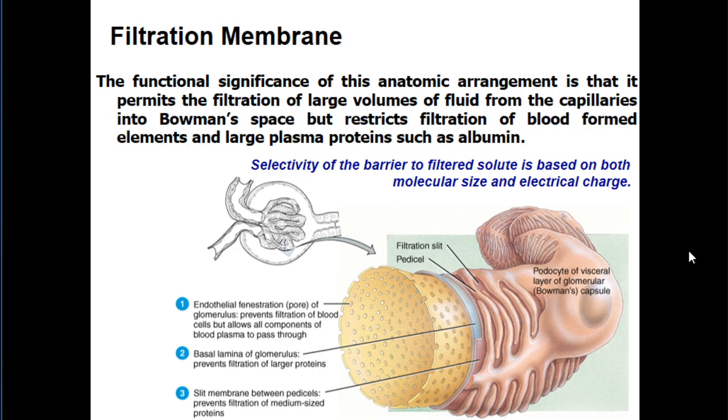And the selectivity of the barrier to filtered solutes is based on both molecular size and electrical charge. For any given size, negatively charged macromolecules are filtered to a lesser extent and positively charged molecules to a larger extent than the neutral molecules.